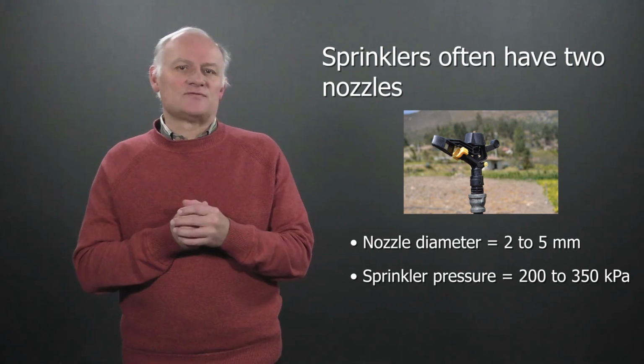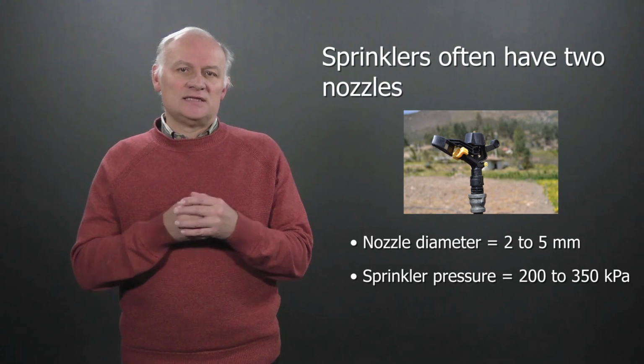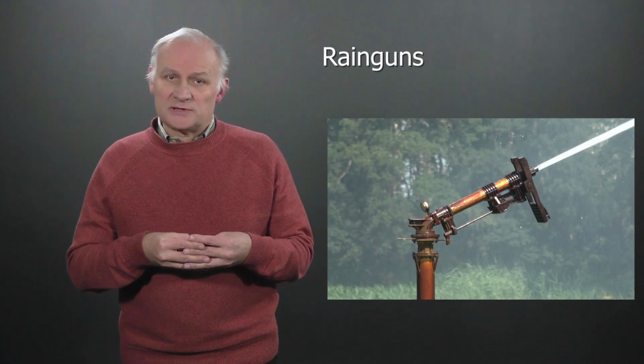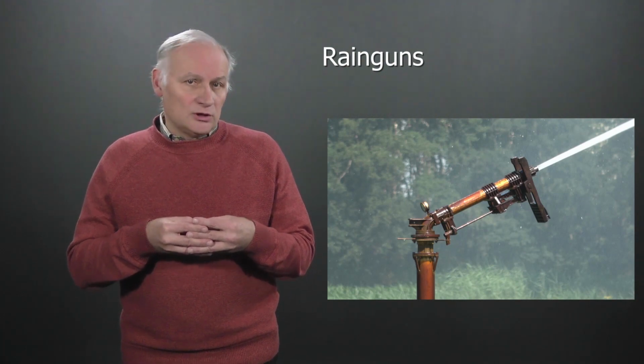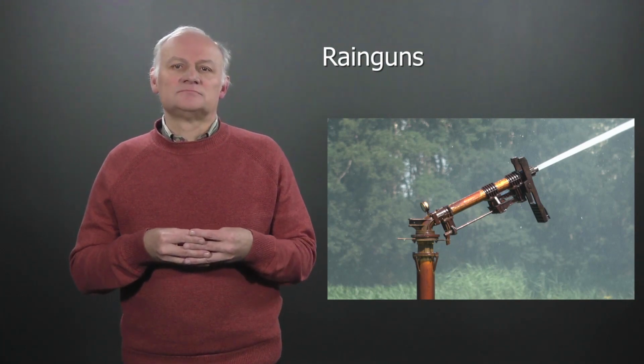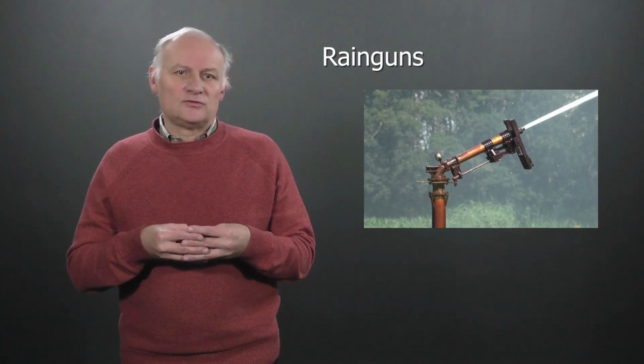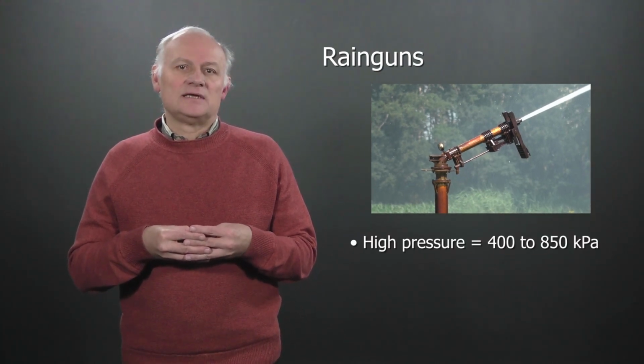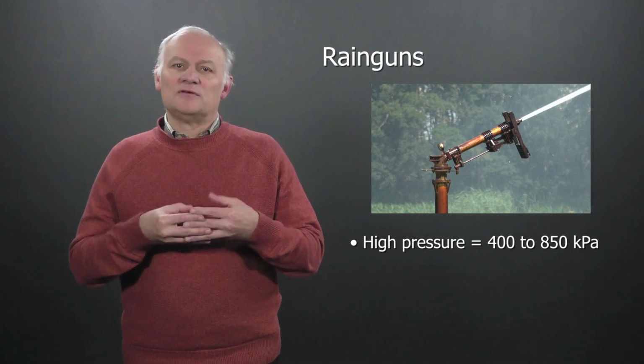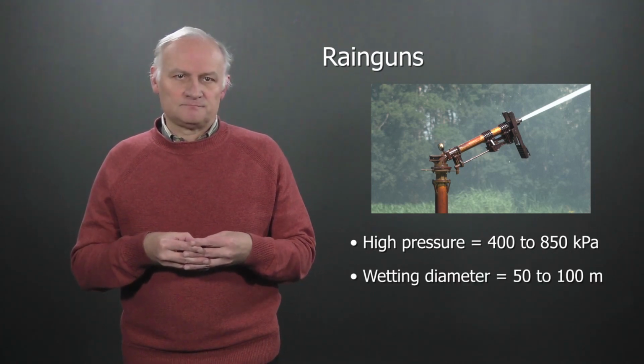In most cases, of course, we will use pumps. They're needed to pressurize the water, and therefore we also have to have a good supply of energy. Rain guns are a special form. They operate under a high pressure of about 400 to 850 kilopascal and can wet a diameter between 50 and 100 meters.